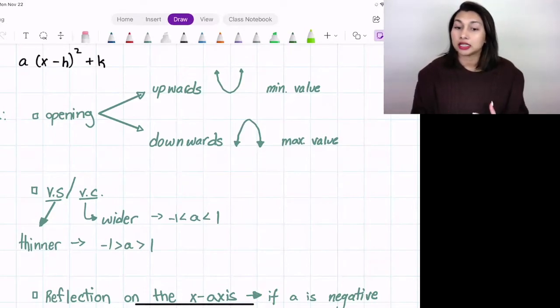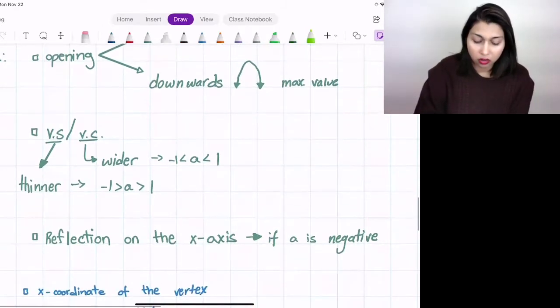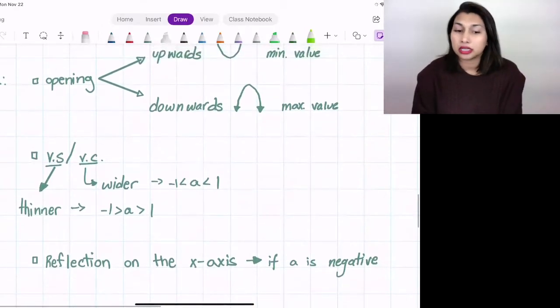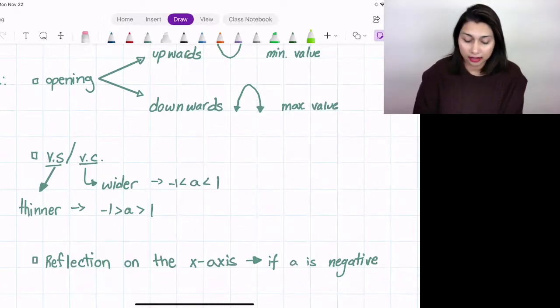But if it's a decimal value between -1 and 1, then it will look wider. It also tells us if there is any reflection on the x-axis. If our a happens to be negative, then there will be a reflection on the x-axis.